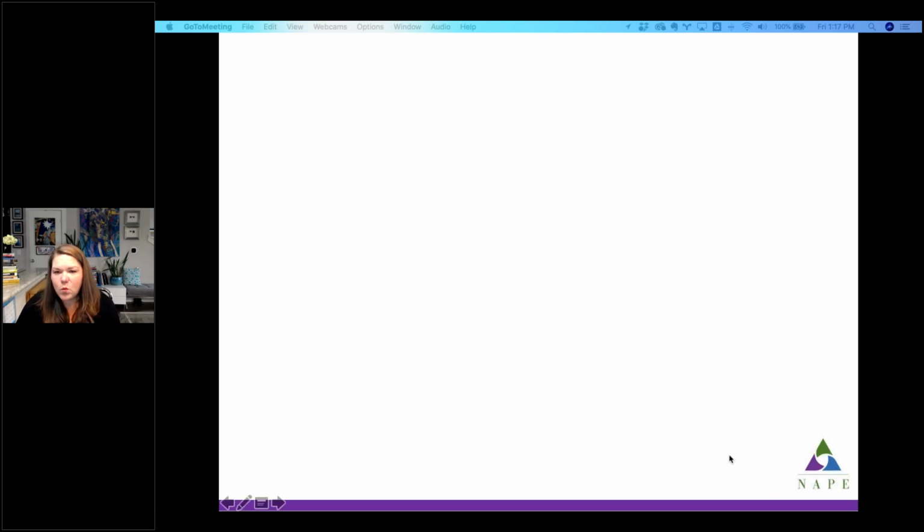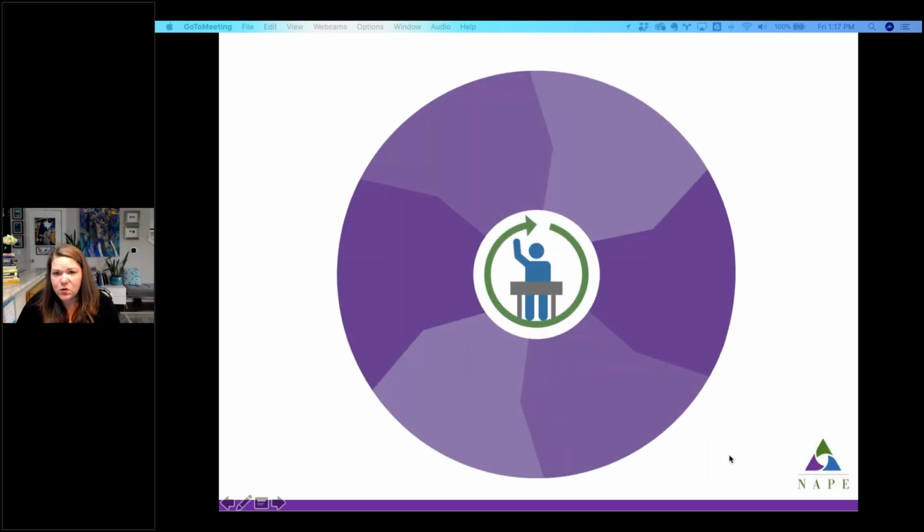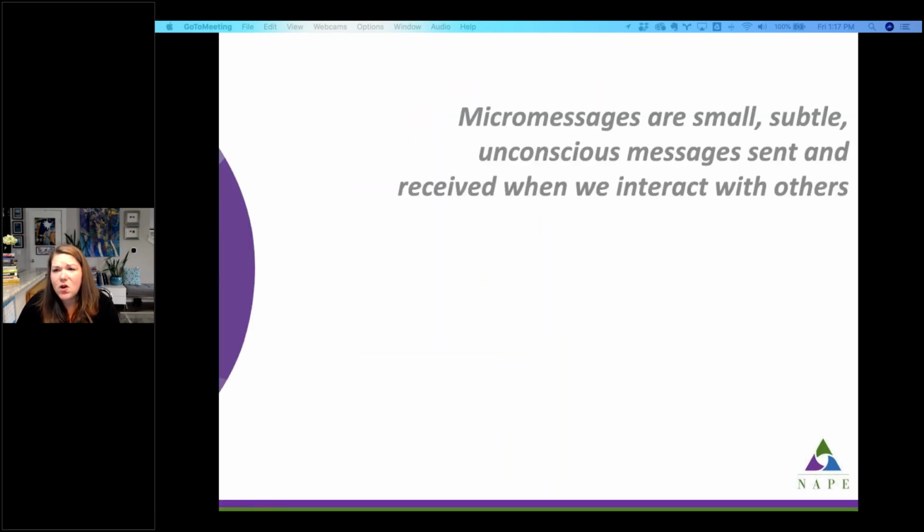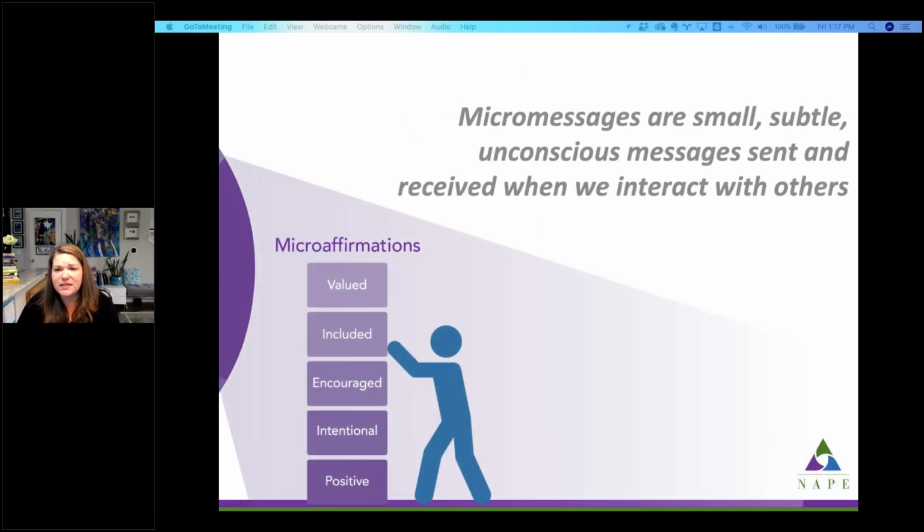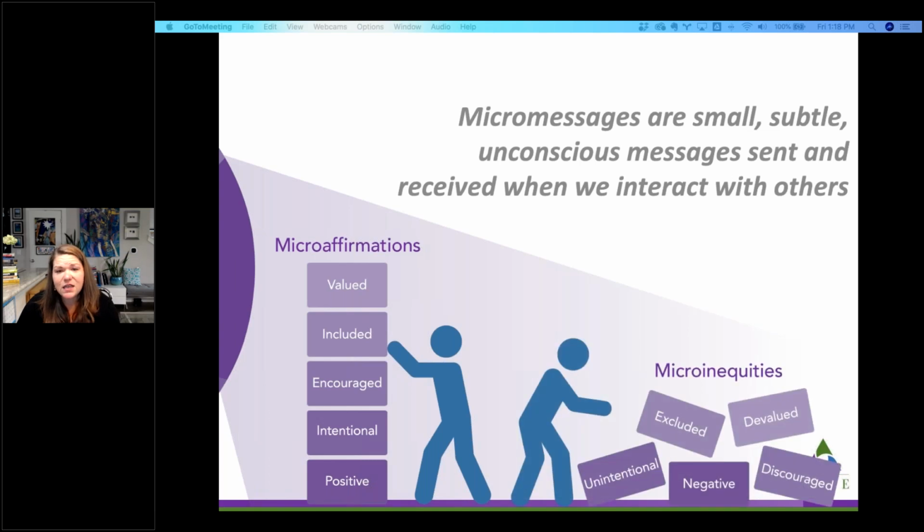And so the way that these things manifest are through what we call micro-messages. Micro-messages are small, subtle, unconscious messages that we both send and receive when we interact with others. There are two types of micro-messages. One is micro-affirmations and the other is micro-inequities. Micro-affirmations build our students up. They make our students feel valued, included, encouraged.